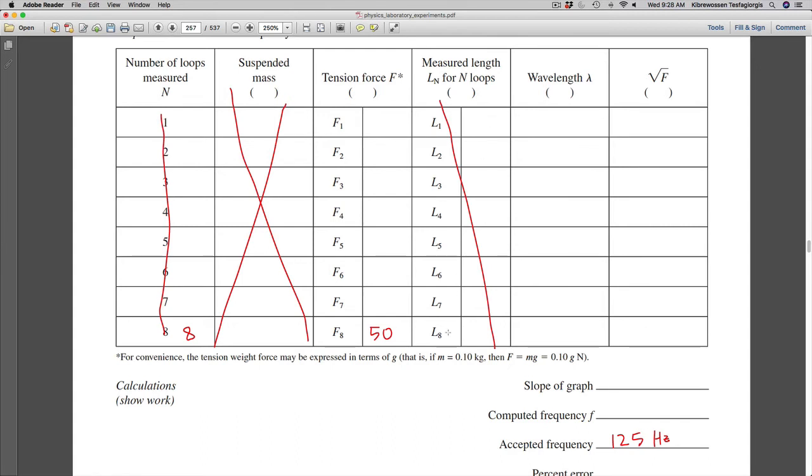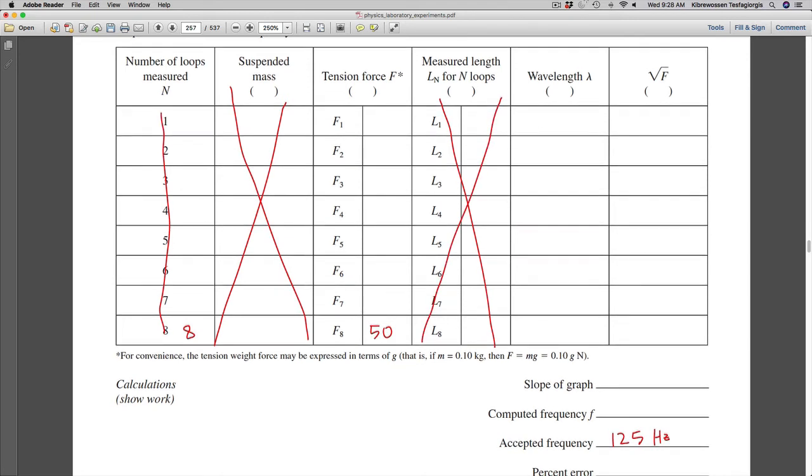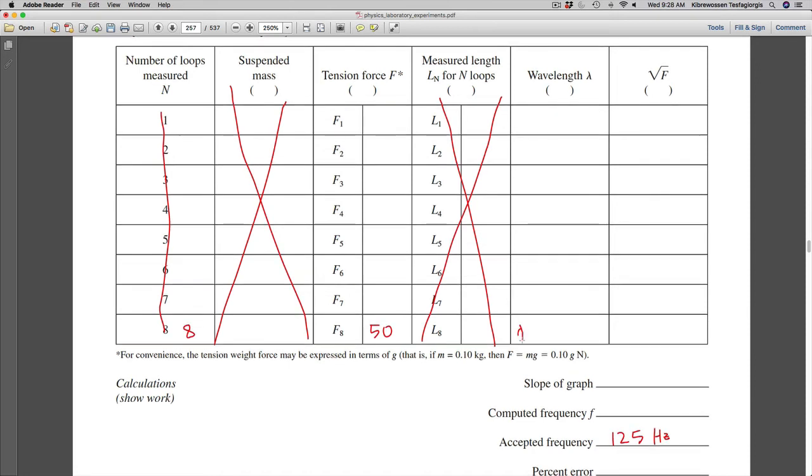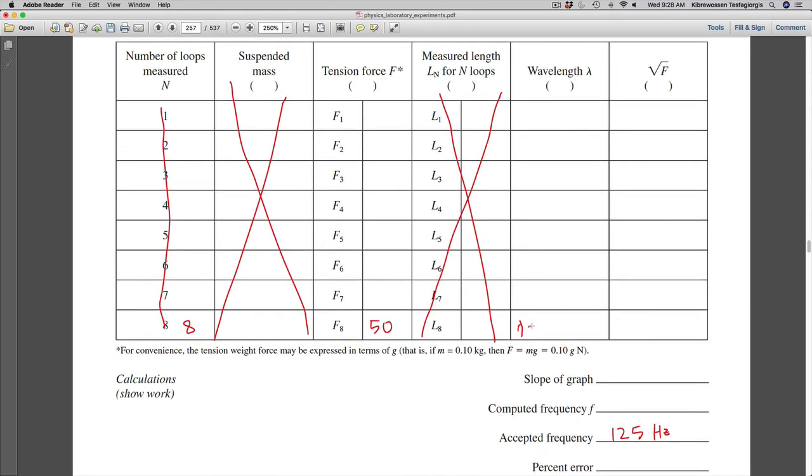In all my scenarios, that is simply 4, but you don't need to. Rather, what you need to do is find the wavelengths. You may ask, how am I going to find the wavelengths? You can read the theory in the manual, but you can find lambda by simply applying this formula.